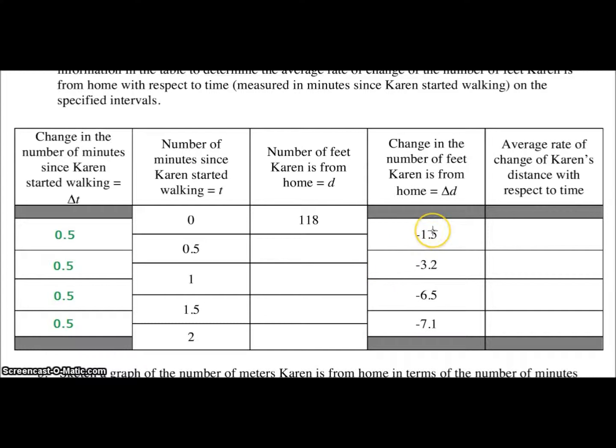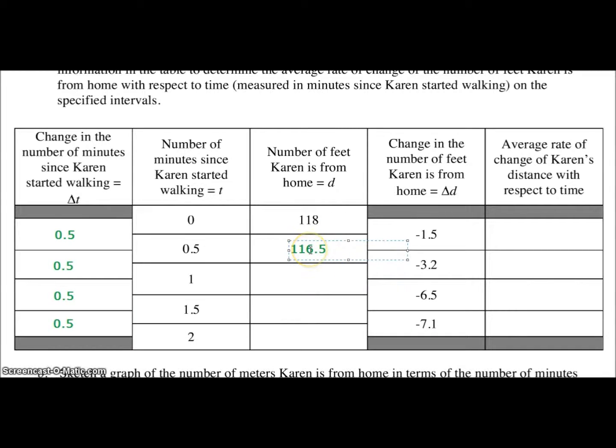Let's see, we have the change in the number of feet Karen is from home is negative 1.5. So that means this final value minus this initial value is negative 1.5. So I decrease 1.5, and that means that I'm going to end up 116.5 feet away.